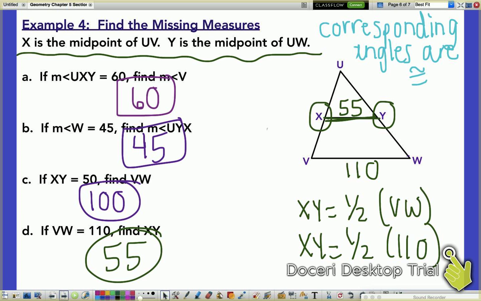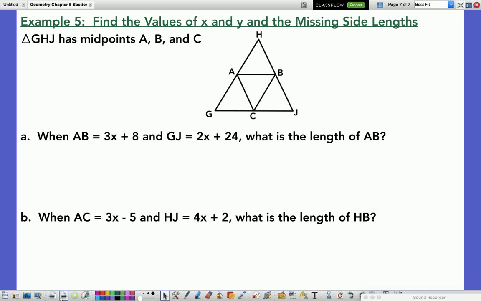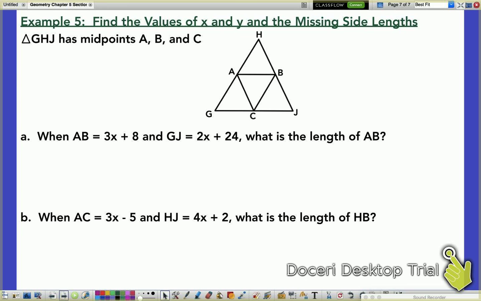That's my number 1. Okay, on to the next one. GHJ has midpoints of A, B, and C. So they're telling me that AB is 3x plus 8, and GJ, which would be this, is 2x plus 24, and they want the length of AB.